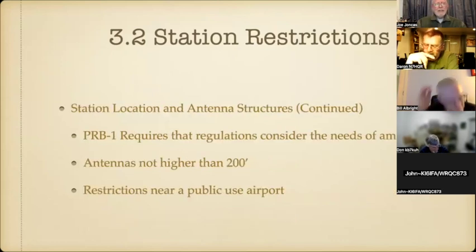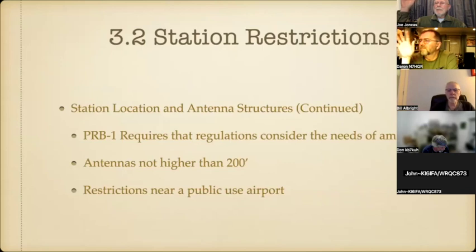More restrictions. Station location and antenna structures continued. How many have heard of PRB-1? I see a couple hands out there. It's a rule, isn't it? It's a fairly new law.